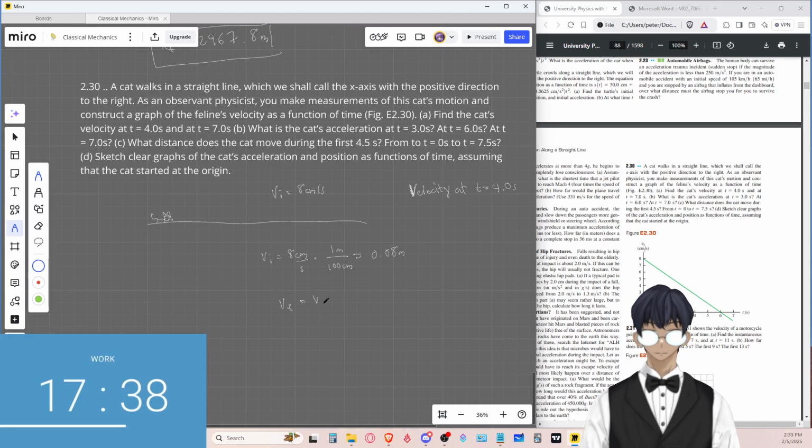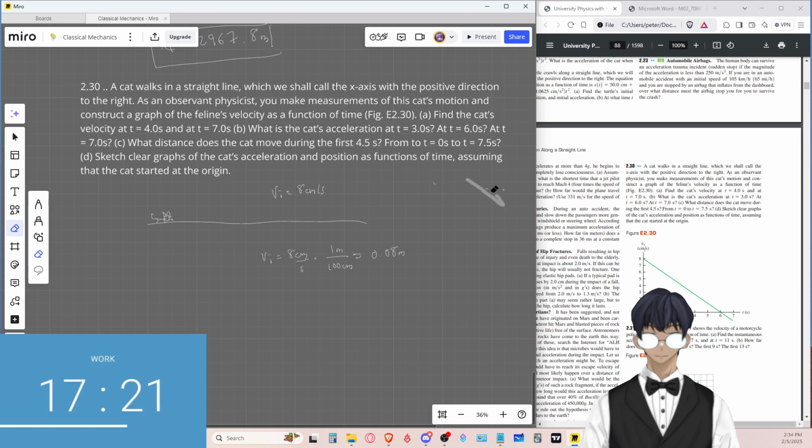So we have the initial velocity. So actually, let's write down the equations, because I feel like we might need them. So I think we can just erase this part here. Let's just write the equations, see if they're ones we're gonna need.